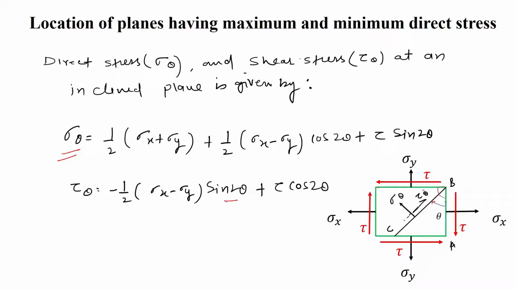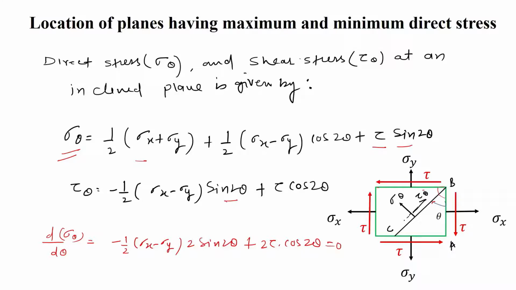To find the location of that plane, we can differentiate sigma theta with respect to theta. So d sigma theta over d theta is equal to, if we differentiate, this term will become 0, and this is minus 1 by 2 (sigma x minus sigma y) times 2 sin 2 theta, and the next term becomes 2 tau cos 2 theta, equal to 0.